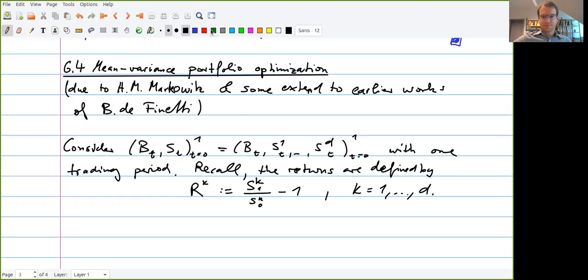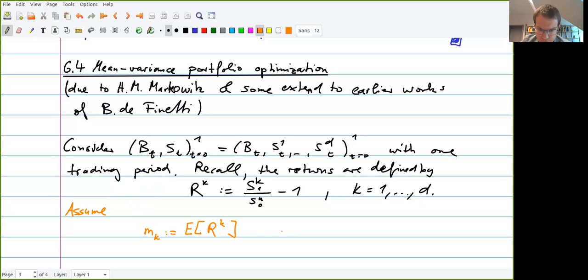Now let me make some assumptions. Because if you want to really solve some portfolio optimization problems, you need to assume more than just to have an arbitrage-free market. Like before, we have assumed that we have independent returns, and here we want that the returns have a finite mean. So assume that mu_k is defined to be the expected value of the kth return.